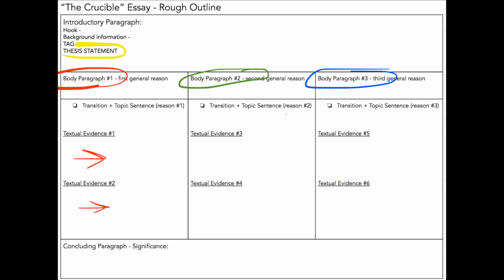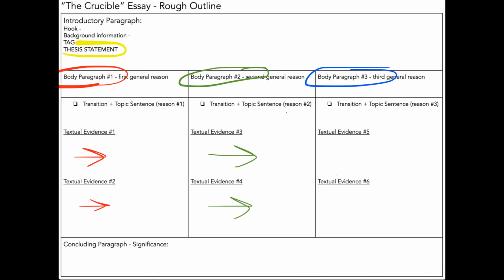So for the sacrificial characters, I would probably have to find textual evidence about people like Giles Corey or Rebecca Nurse. For characters who are legalistic, I would have to find textual evidence about people like Reverend Hale before he changes, or Judge Danforth.